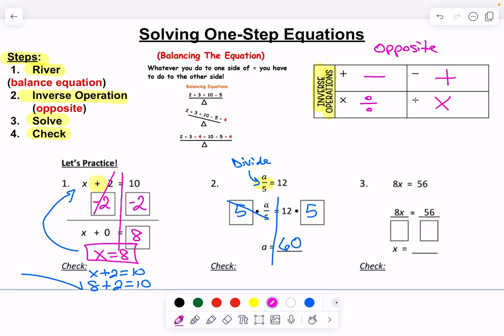Last but not least, we can check if we got the correct answer by plugging it back into the original equation. So we want to know, if it's a divided by 5 equals 12, does 60 divided by 5 equal 12?